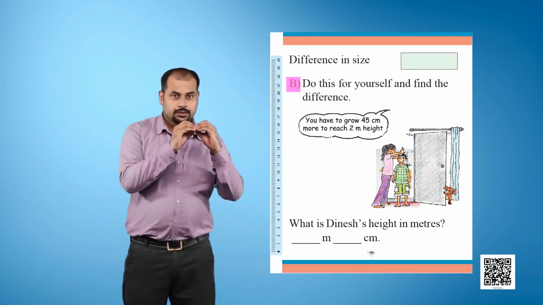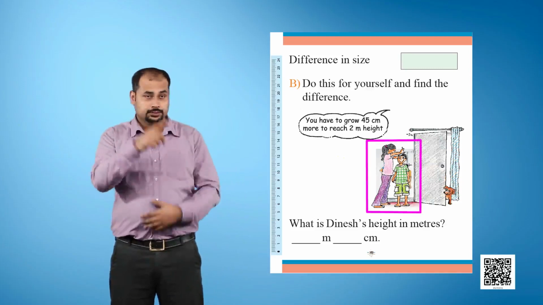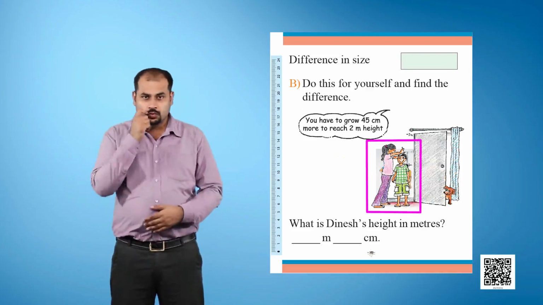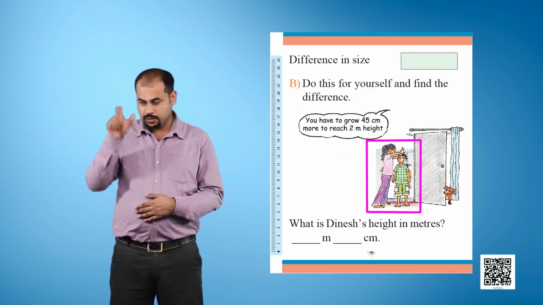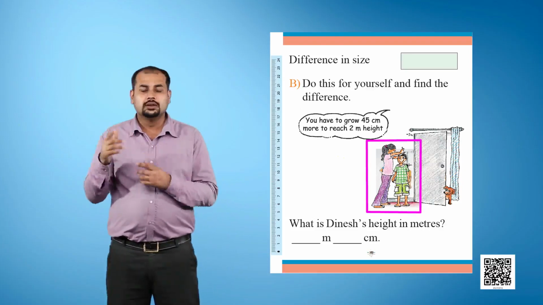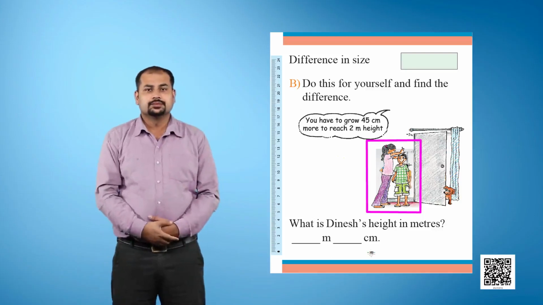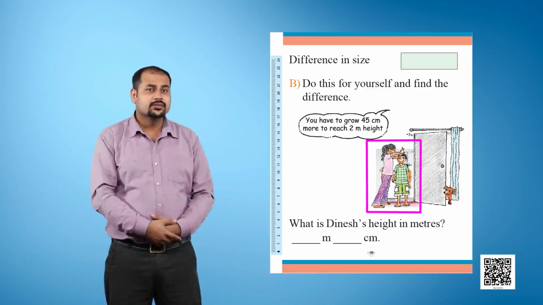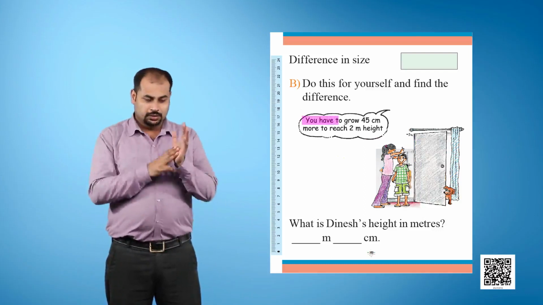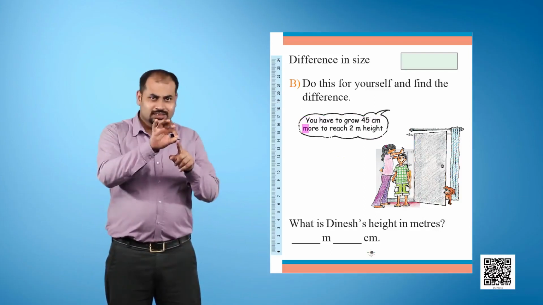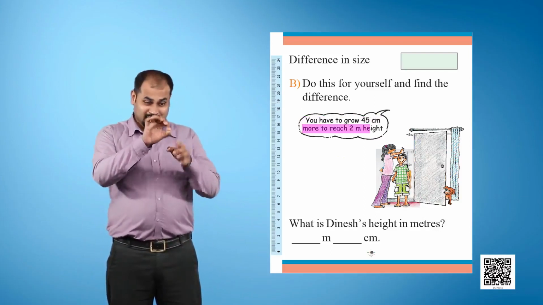B. On the bottom right side of the page, we see a boy and his mother. The mother is measuring the height of the boy and telling him, "You have to grow 45 centimeters more to reach 2-meter height."